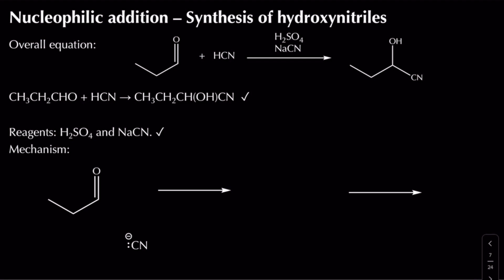So the next reaction that you need to know about, the next nucleophilic addition mechanism, is the synthesis of hydroxynitriles, where you take something like an aldehyde or a ketone. In this case, we've got the aldehyde propanal, because we've got 1, 2, 3 carbon atoms over here. We react it with the reagents of H2SO4 and sodium cyanide, which gives us HCN in situ.